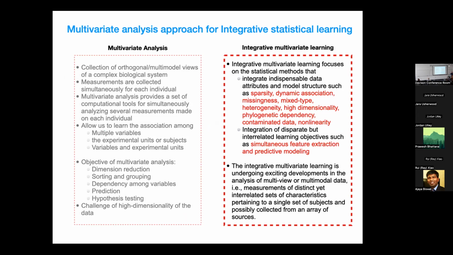When it comes to multi-omics data sets, we see all sorts of anomalies, ranging from sparsity, dynamic association, missingness, heterogeneity among the populations or samples that you have collected, and high dimensionality is the giant piece, right? Often if you collect microbiome or metabolite data, in principle you are observing thousands and thousands of metabolites. So high dimensionality is a big problem. And contamination and nonlinearity and all of these things are there.